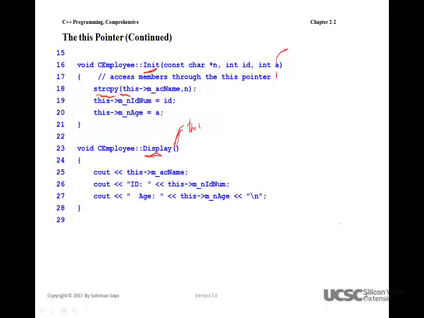So once this parameter is there, when the compiler comes to line number 25, it would not complain, because it sees that there is some identifier there which is allowing the data member to be accessed. So at line number 25, the same thing is happening as I'm accessing the data member name. And line number 26, the same thing, data member ID num, and then age, same thing.